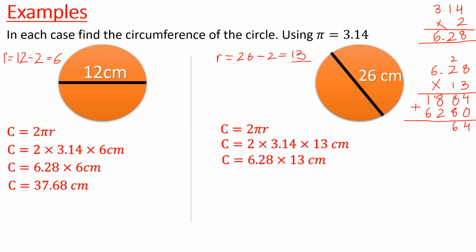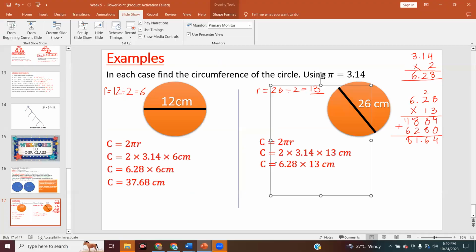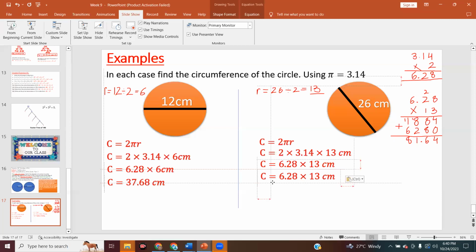Put the 6 down, put the 1 up. 8 plus 2 plus 1 is 11. And 6 plus 2 is 8. So it's going to be 81.64. Does that make sense? Yes, sir. Good. So that's how we get that.